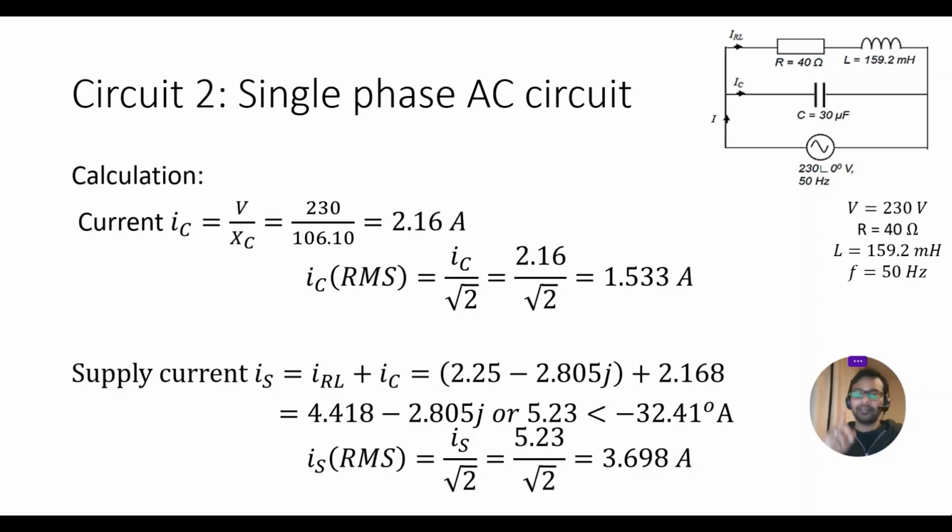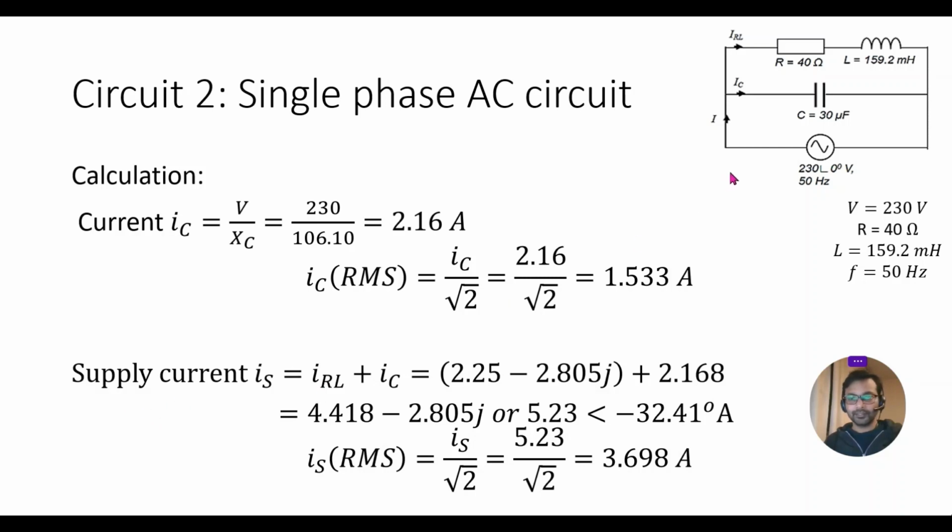Again, I would emphasize that the values or the measurements which we have got in the Simulink model are all RMS values. So we have to find the root mean square value of the current. If we do that, we'll get 1.53 amperes, which is the same as what we have observed in the Simulink model.